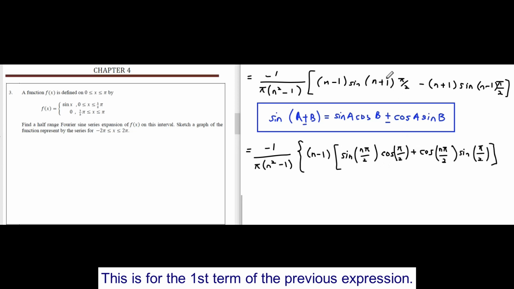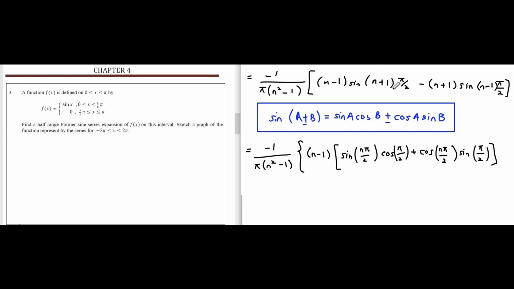this is for the first term of the previous expression.